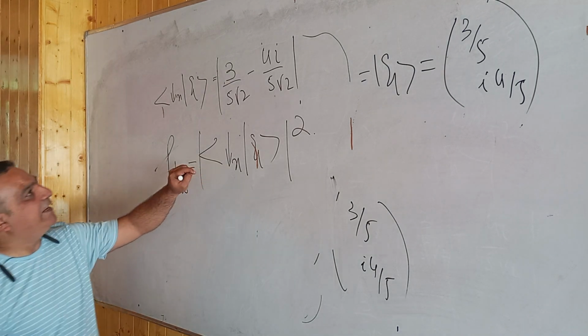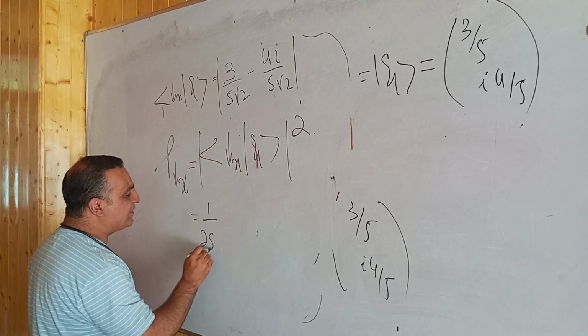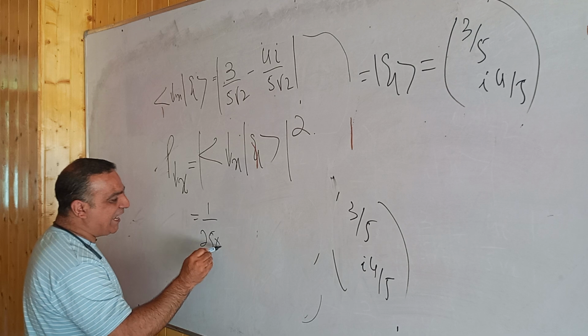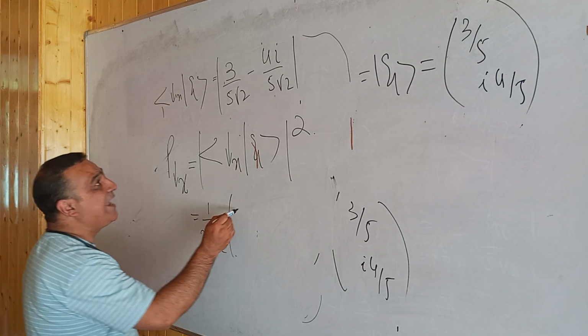So come on, calculate this now. 1/25 is out, and √2 and the square will cancel. So 2 is out, and inside you will be left with 9.